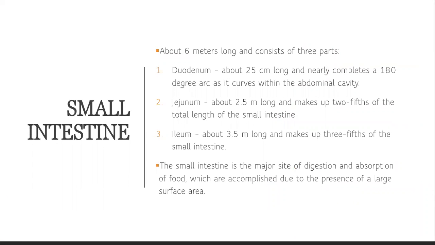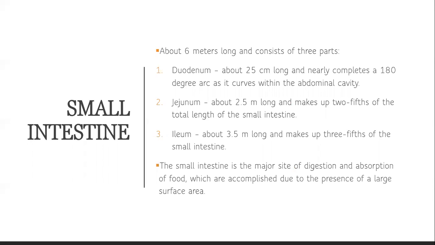Then we have the small intestine, about 6 meters long and consisting of three parts. We have the duodenum, the jejunum, and our ileum. So our duodenum is the shortest, about 25 centimeters long, and nearly completes a 180-degree arc as it curves within the abdominal cavity.